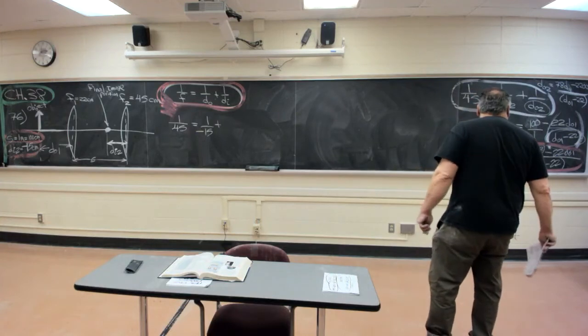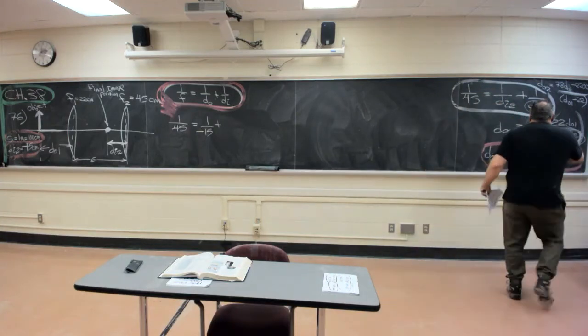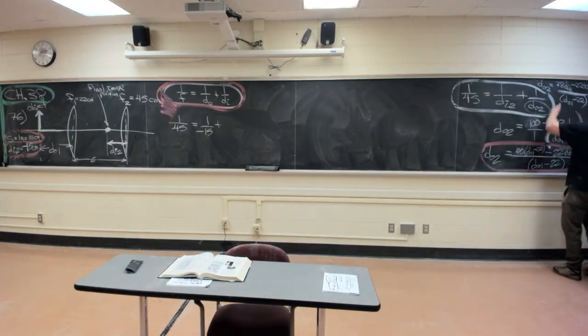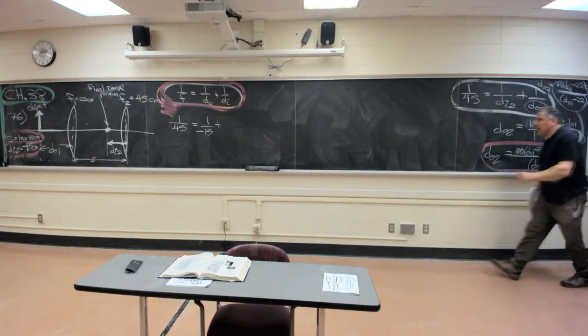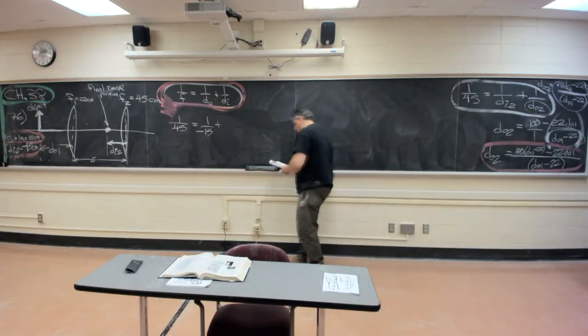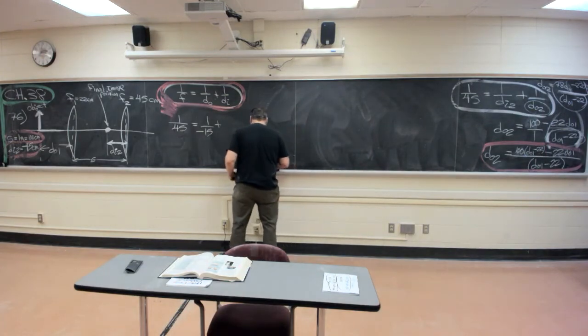The DO2 is this thing on the bottom, and if you put this fraction on the bottom, 1 over that fraction is the reciprocal of this fraction, which at the end of the day becomes DO1.